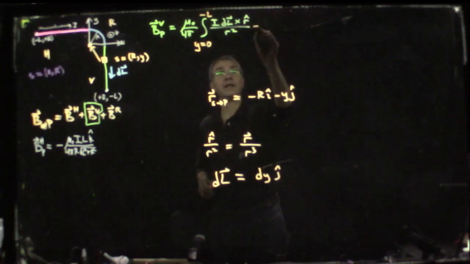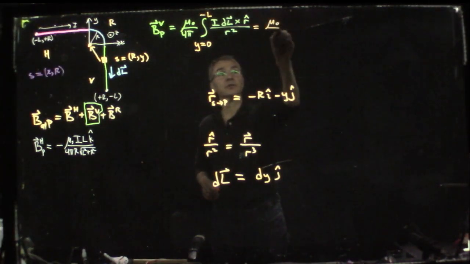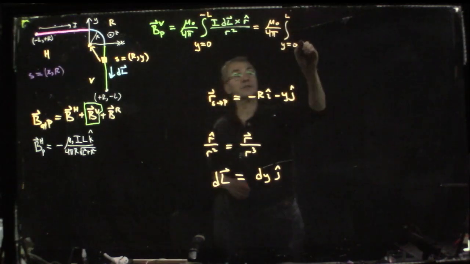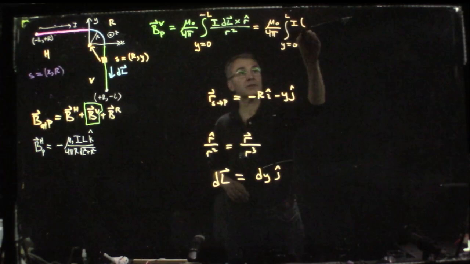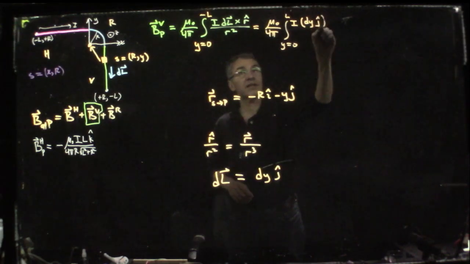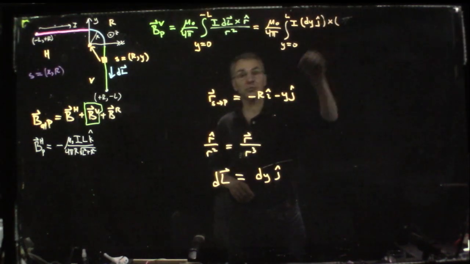So then we have mu naught over 4 pi, integral y equals 0 to L. I is just a constant here. dl is dy j hat, and then cross product.